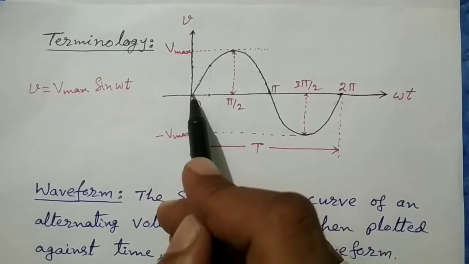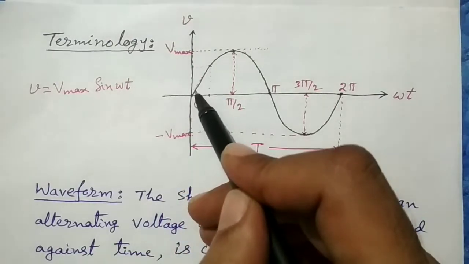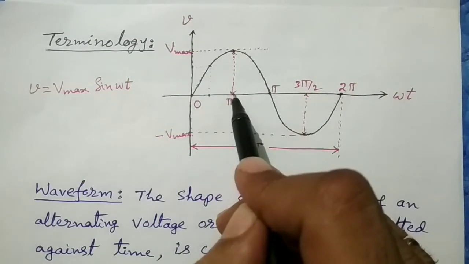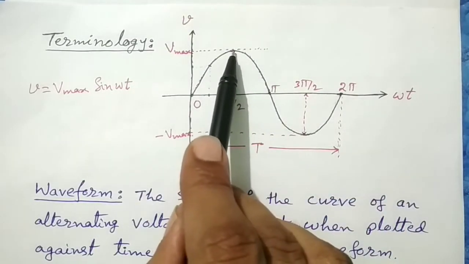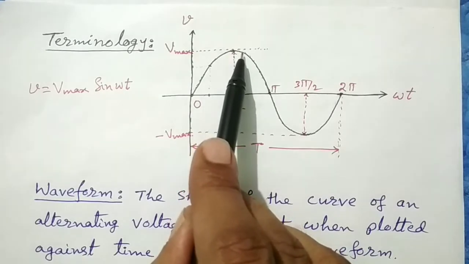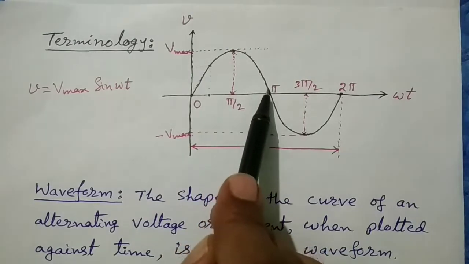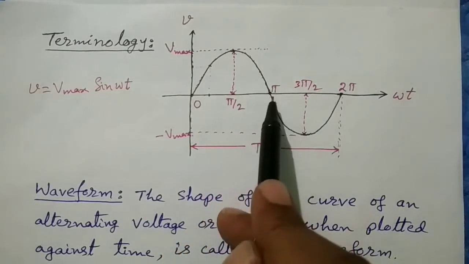Gradually the omega t value is increasing, so the instantaneous value of the voltage is also increasing. At pi by 2, it becomes maximum. Then after pi by 2, if the omega t further increases, the instantaneous voltage will decrease, and at pi radian the value will again become 0.